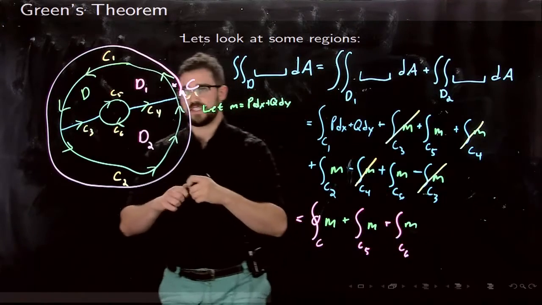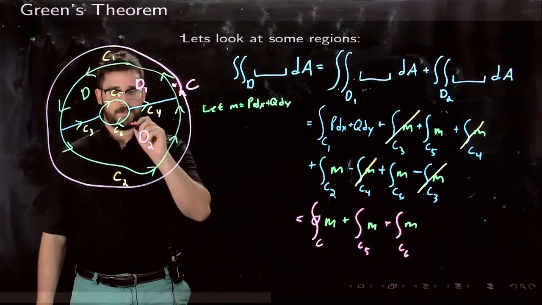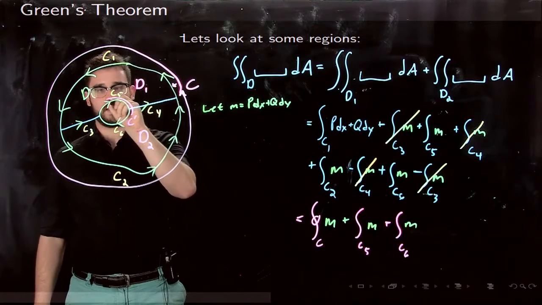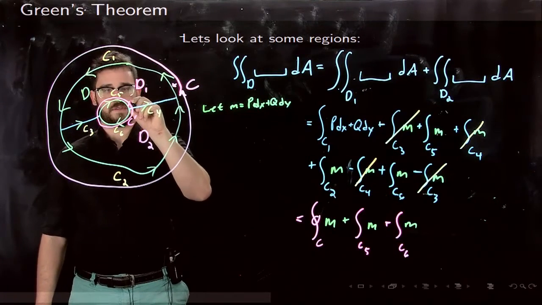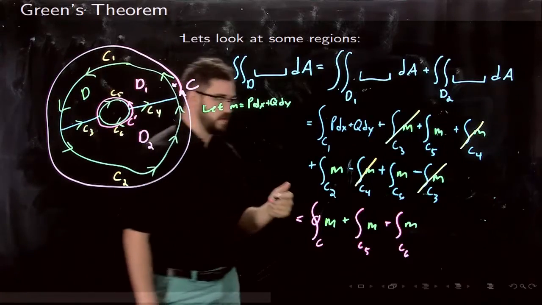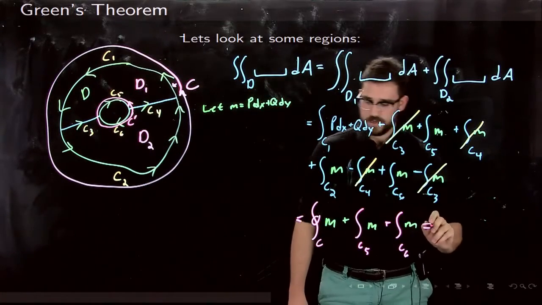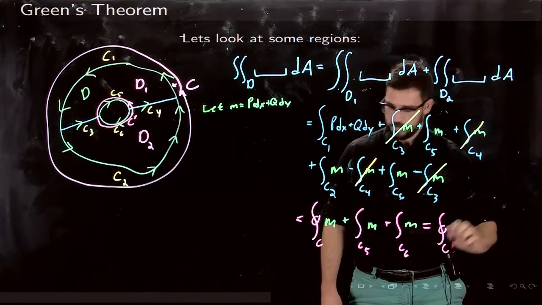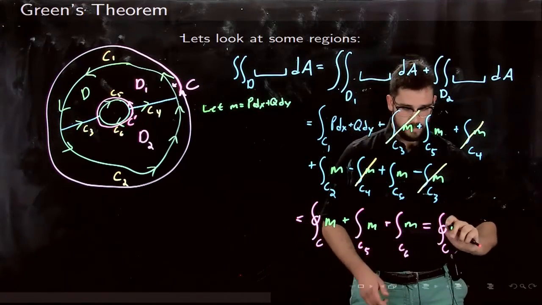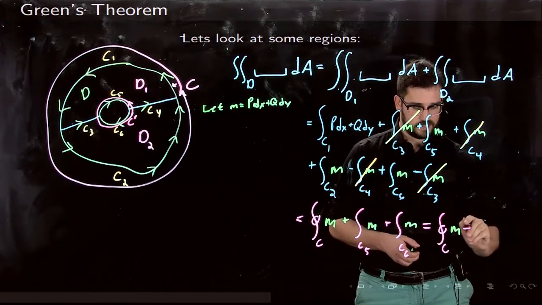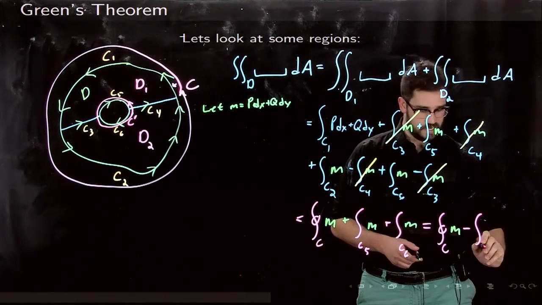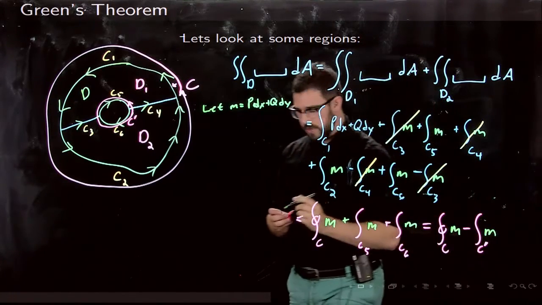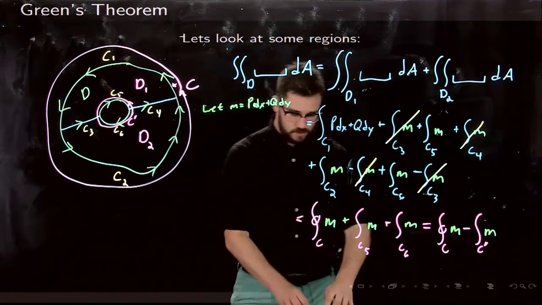And we'll call this now C prime, but instead we're going like this around the curve in the proper orientation. So this whole thing should be equal to the integral over C of M minus the integral over C prime of M, which kind of makes sense.